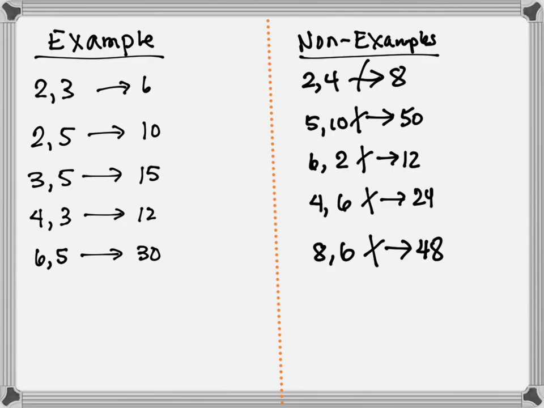That's like a nightmare. Oh, that's right. That's what I was saying. It has to do with the factors, not the product. Because notice 12's in both lists, right? 12's on the example side as a product, and 12's on the non-example side as well. It's not about the product's number, it's about the factors.